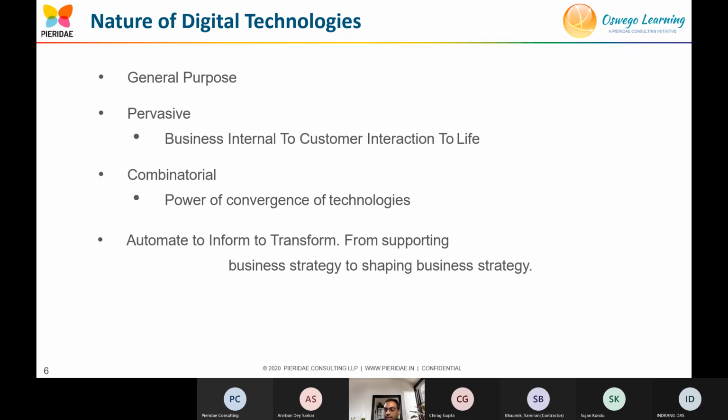The most important characteristic of a digital transformation is that you add value, you shape business strategies, you create new business strategies. Okay, it's not that you simply digitalize whatever processes you have currently, right? From hard copy to soft copy.